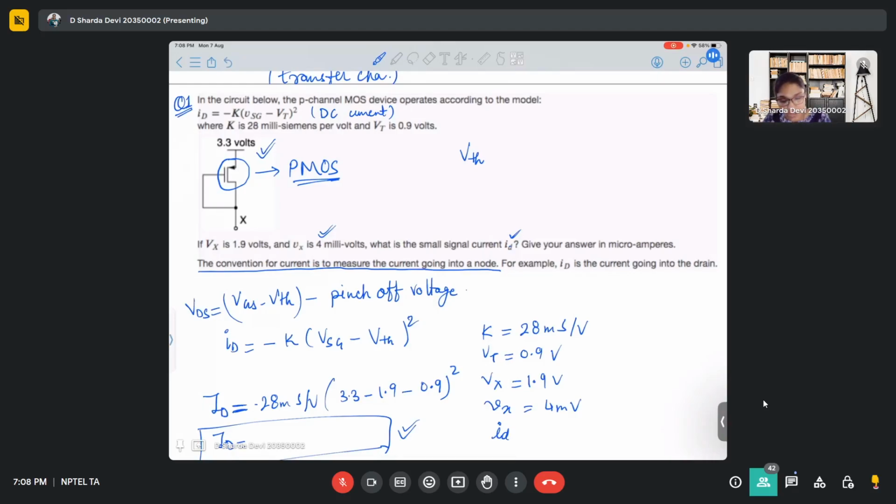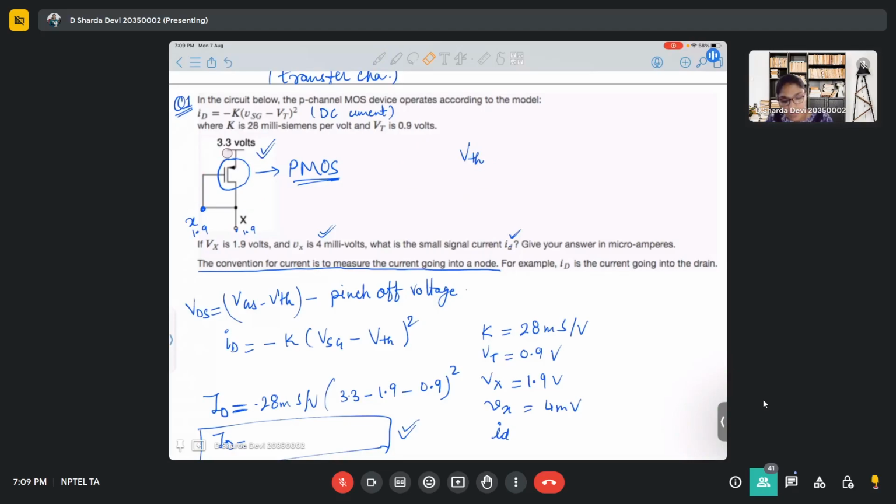If this was not shorted and I apply two sources with the same voltage, 1.9 volt and 1.9 volt, then your VGS and your VDS are both independent of each other, right? There are two voltage sources, one applied to the gate, whereas the other has been applied to the drain. That is what is meant when we say they are independent.